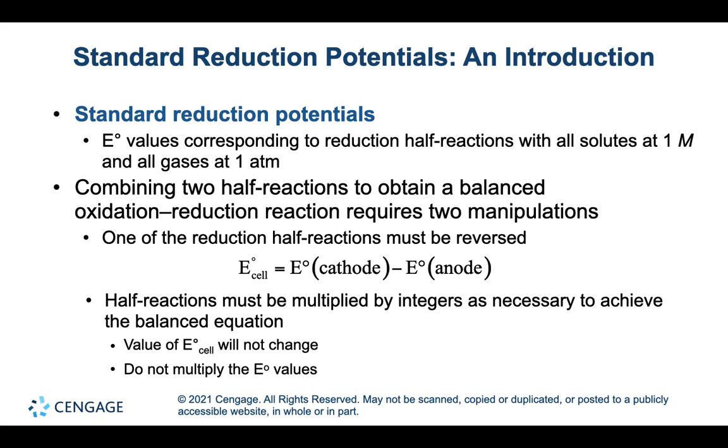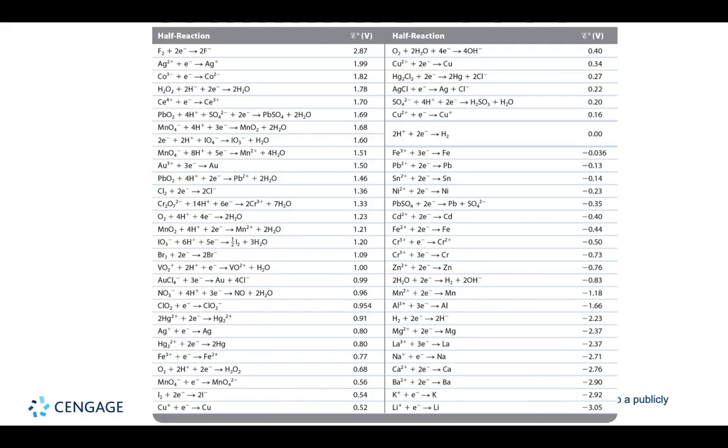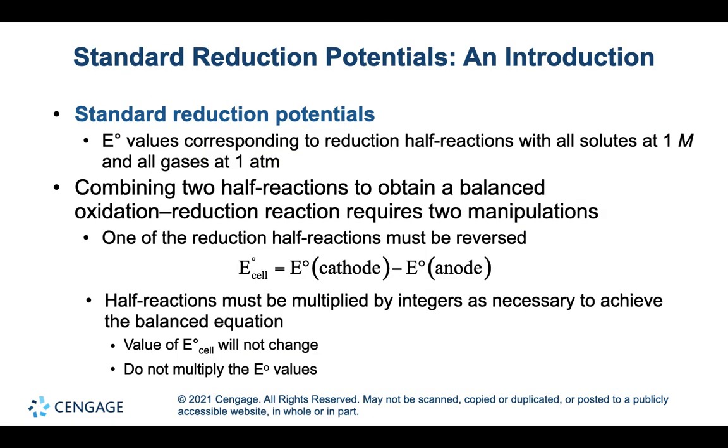So by taking one half reaction and running it in one beaker, calling it the cathode, where the reduction is occurring, and the other reaction being the anode, where the oxidation is occurring, because we're flipping one of these two half reactions, we take the value on that table for the cathode step minus the value on the table for the anode step.